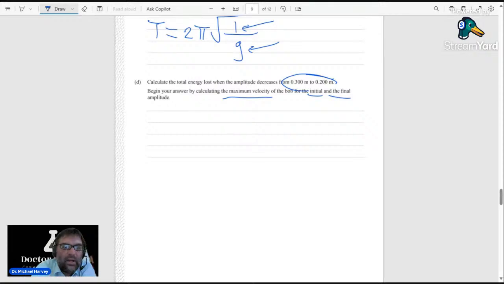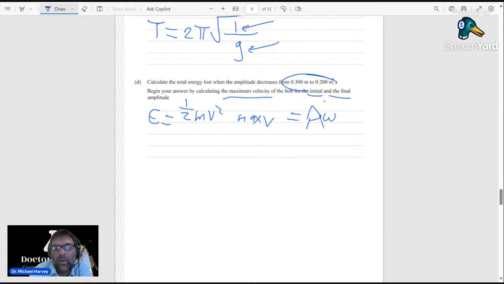Okay, so energy, as we know from even level 1 physics, is half mv squared. Our max velocity is going to be the amplitude times omega. So that's basically the distance and time. Okay, so Aω.